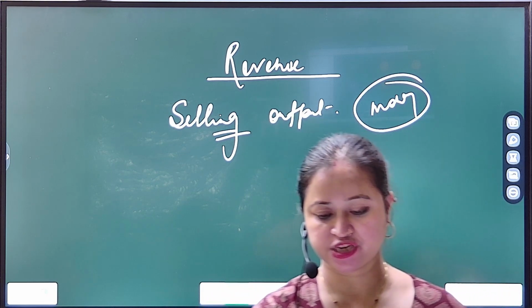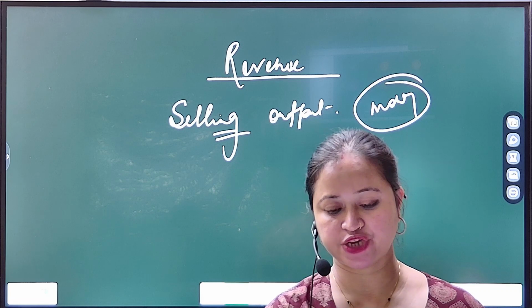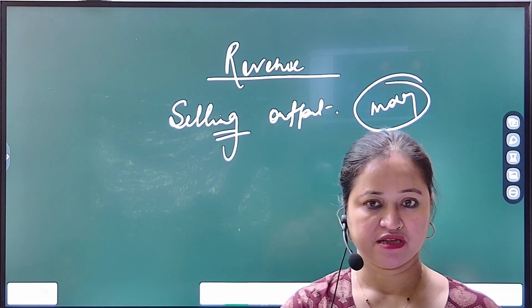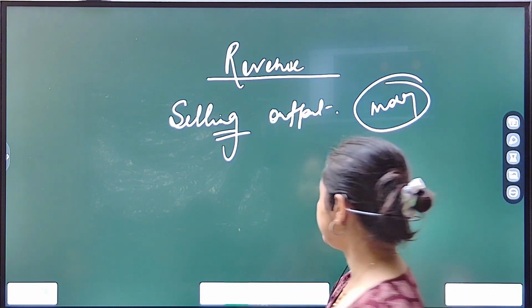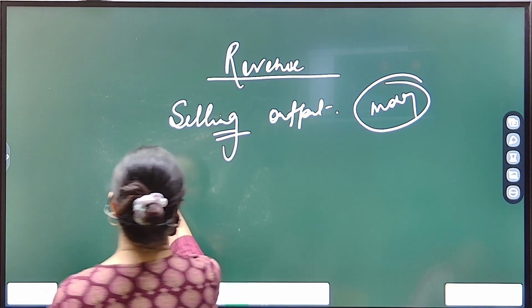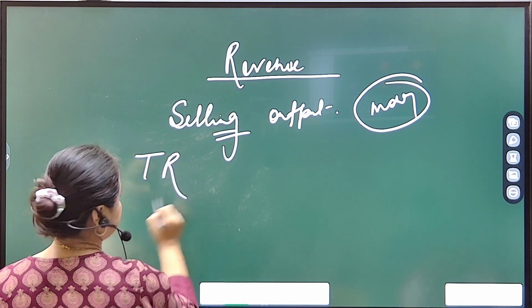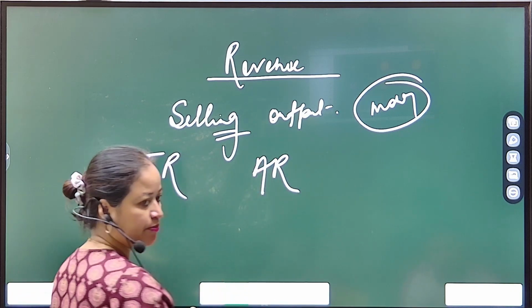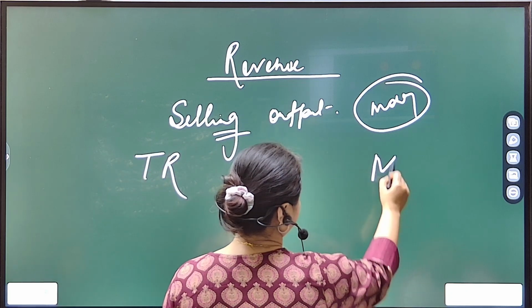So here you have to again study three concepts: total revenue, average revenue, and marginal revenue. Here you will study TR, that is total revenue, average revenue, and marginal revenue.